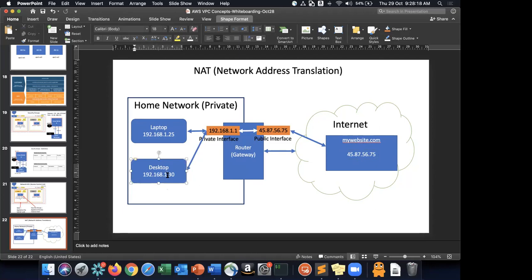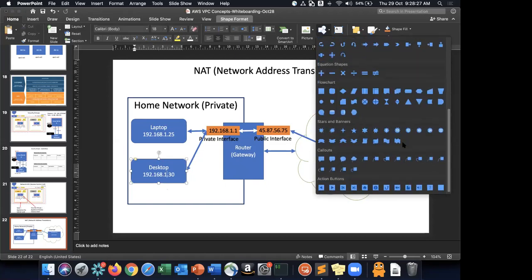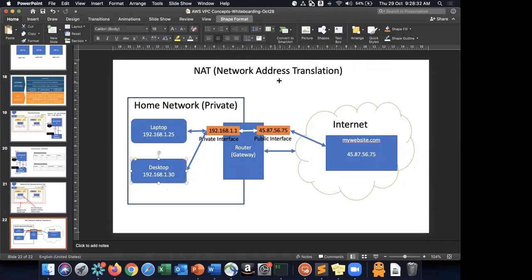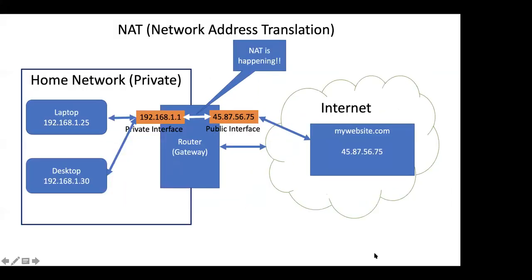Okay, that is called network address translation. So this is where the network address translation is actually happening. This is where NAT is happening. Please observe this very clearly, because this is exactly what is happening in our case also.